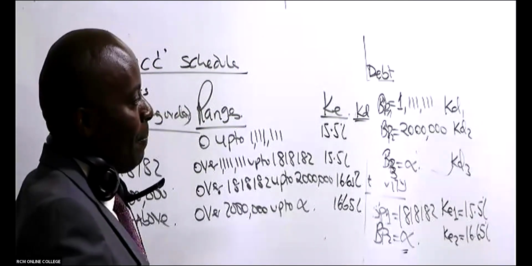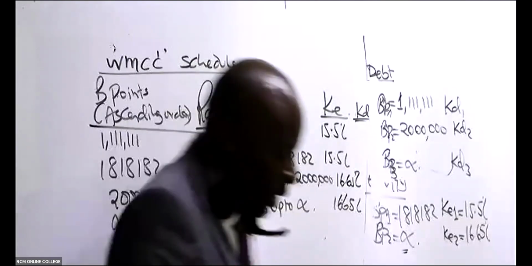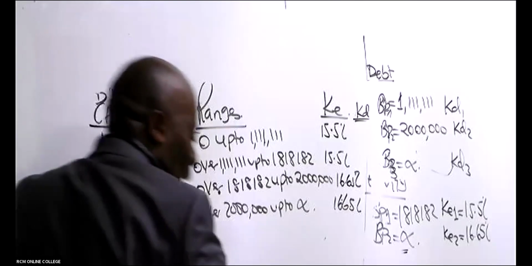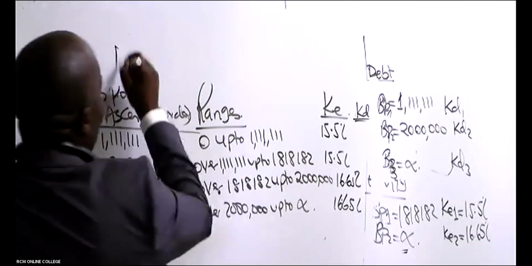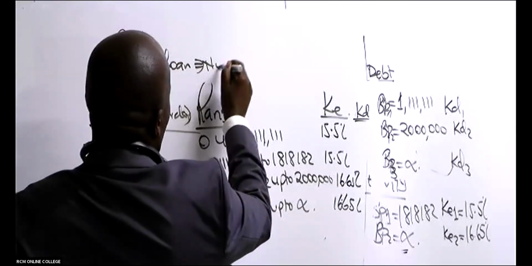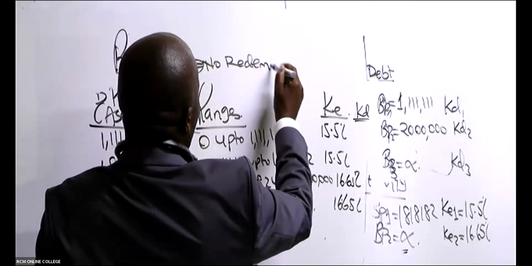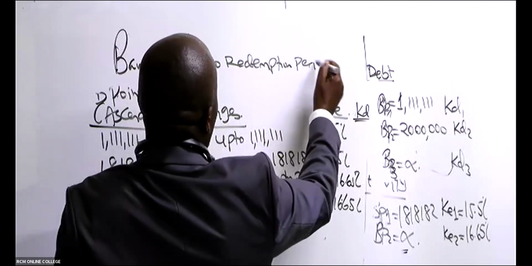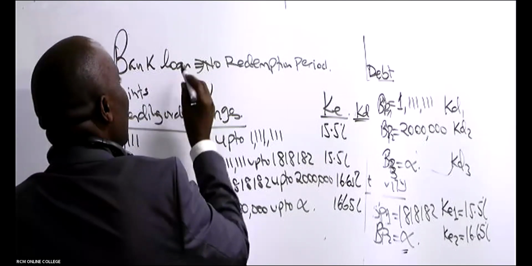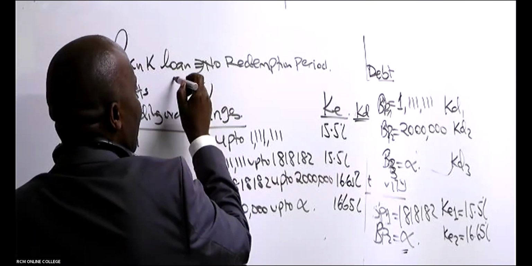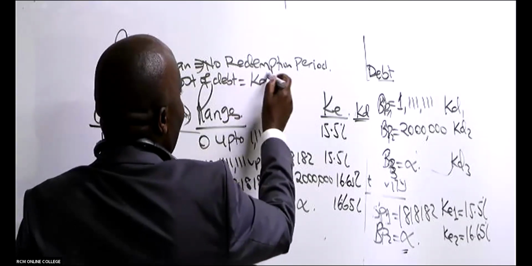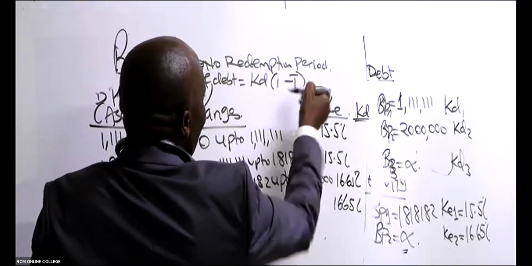We must compute them. Ladies and gentlemen, if you remember very well from those levels of financial management, you are told for bank loans, these are bank loans, in this case here, no redemption period. So for bank loan, you are told that your cost of debt, you will take the KD given, less what here, somebody?